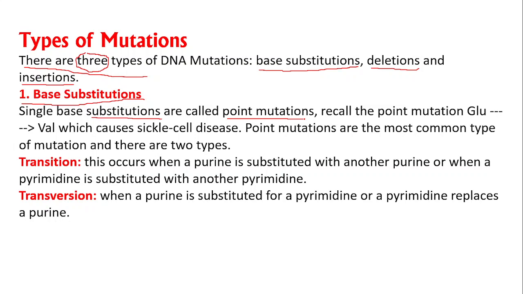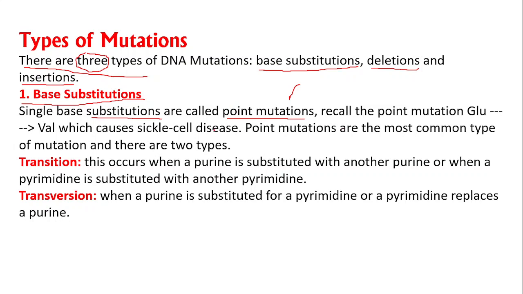In the point mutation, A is replaced by G, or one particular nitrogenous base is replaced by another nitrogenous base. That is why it is called point mutation or base substitution.